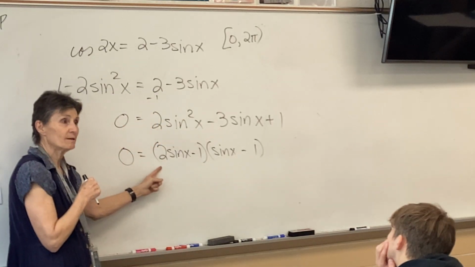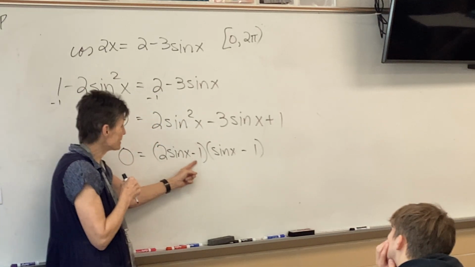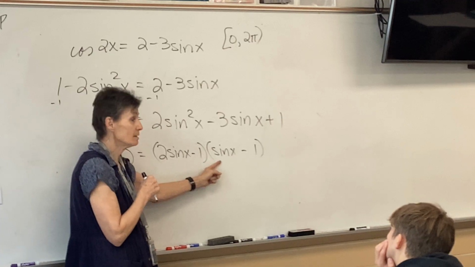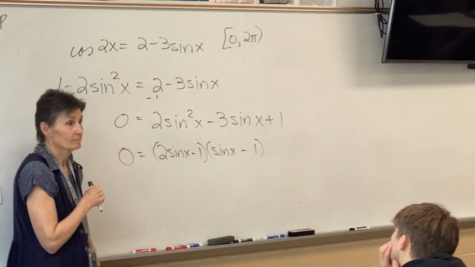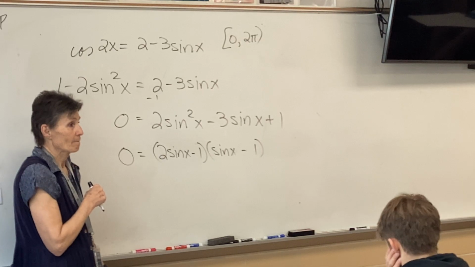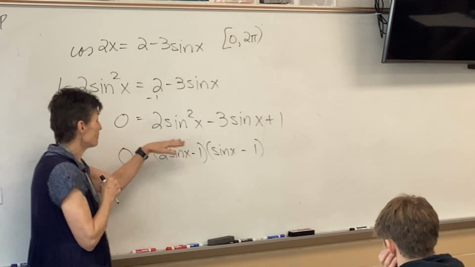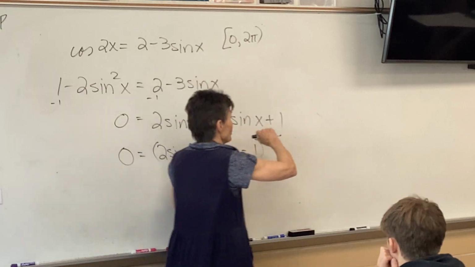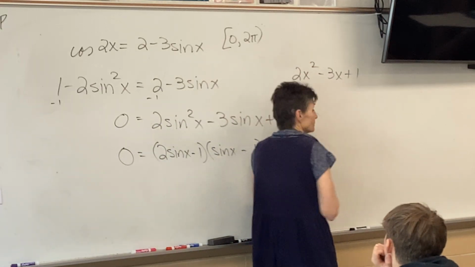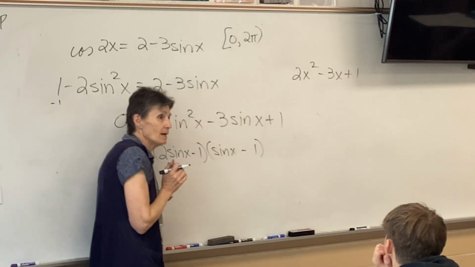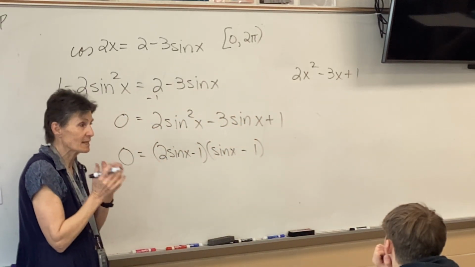Outside would be -2. Inside would be -1, which gives me -3. If that equation scares you, it's the same as this, only instead of x's, you have sine x's.